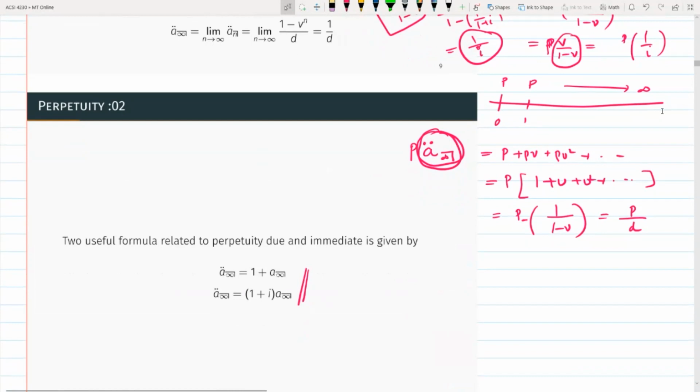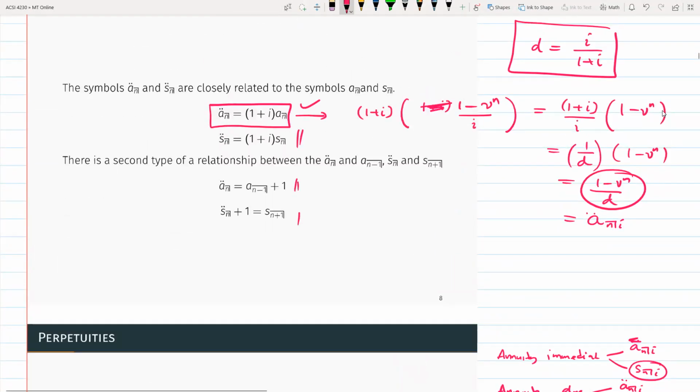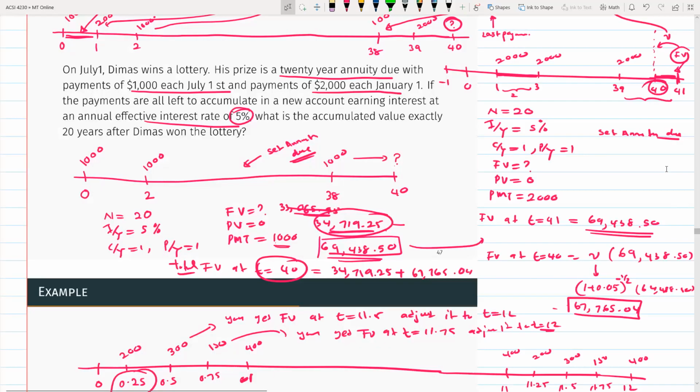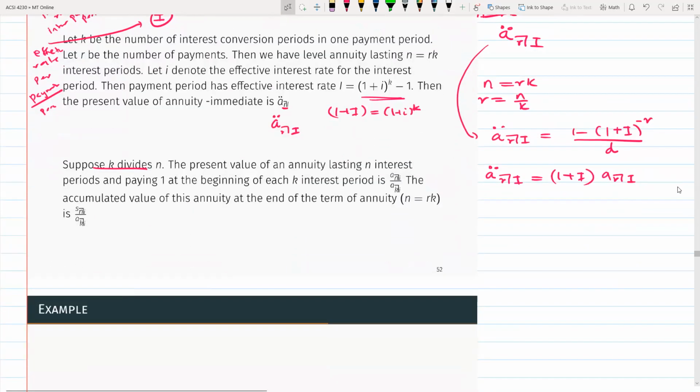Yes, so here you can see the connection, but it's for a perpetuity, but the same formula applies. So here, we can use this connection to get the answer. So I can use that formula.